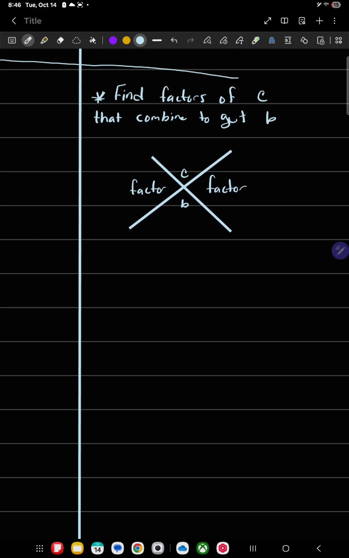And those factors are what goes in the parentheses. You put the first factor here, and the second factor there.